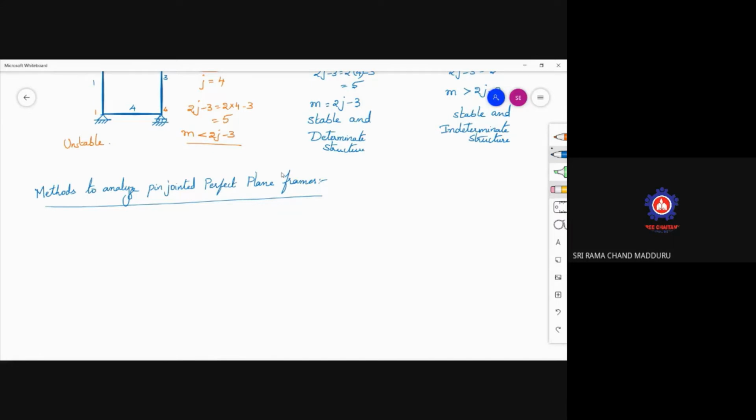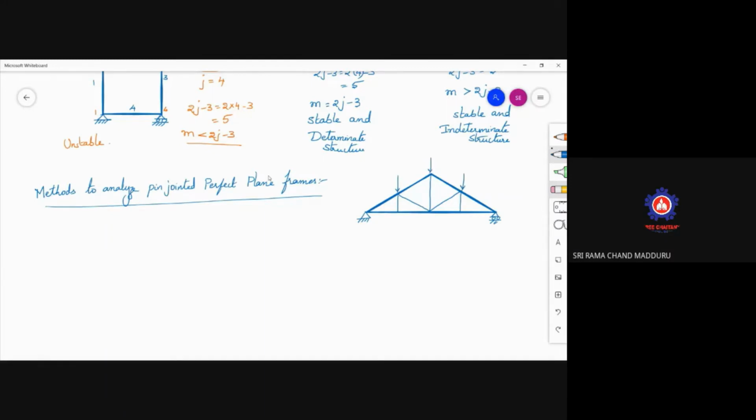For example, a truss is subjected to a type of loading, and I would like to analyze what the forces are internally as well as externally. For example, a plane truss is there like this. These types of trusses we will use for roof purposes. This truss is subjected to loading like this.